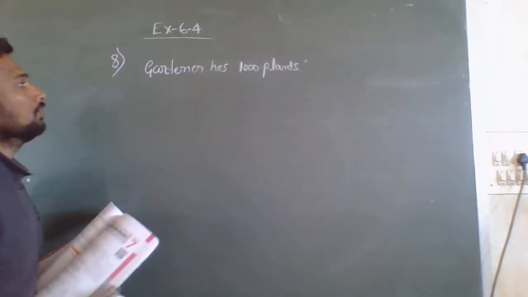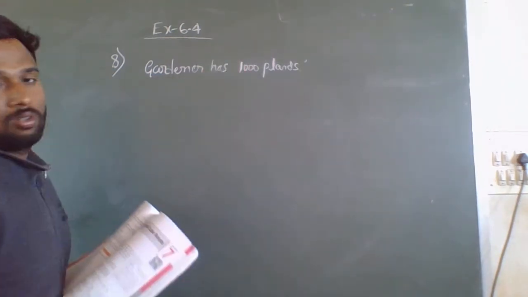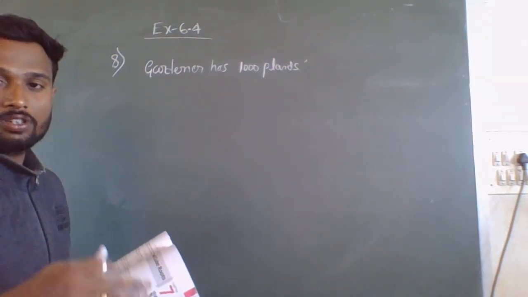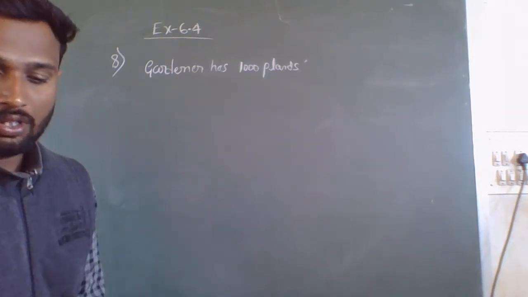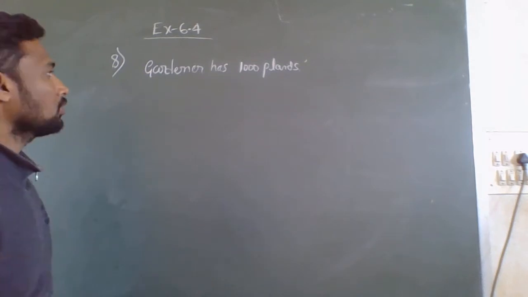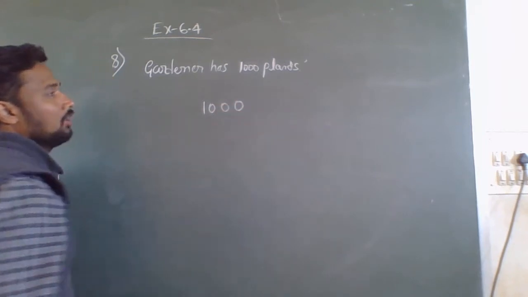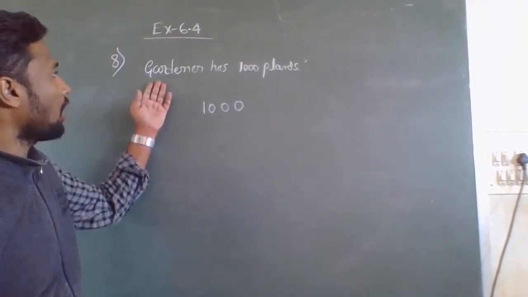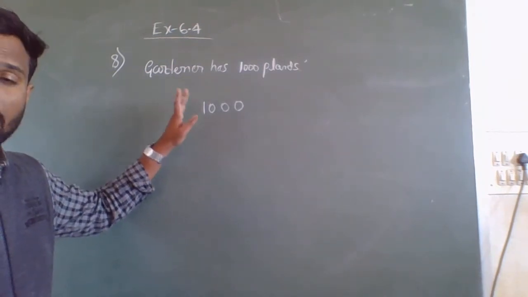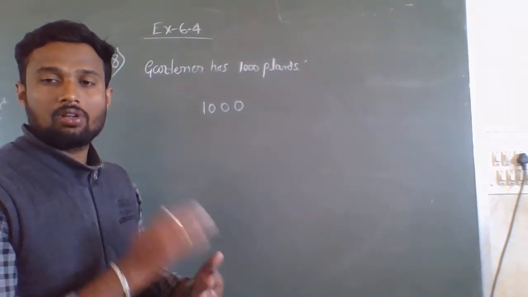He wants to plant these 1000 plants where number of rows equals number of columns, which means we should get a perfect square number. First we will check with 1000 only whether it is possible for the gardener to plant these 1000 plants in such a way that number of rows equals number of columns.